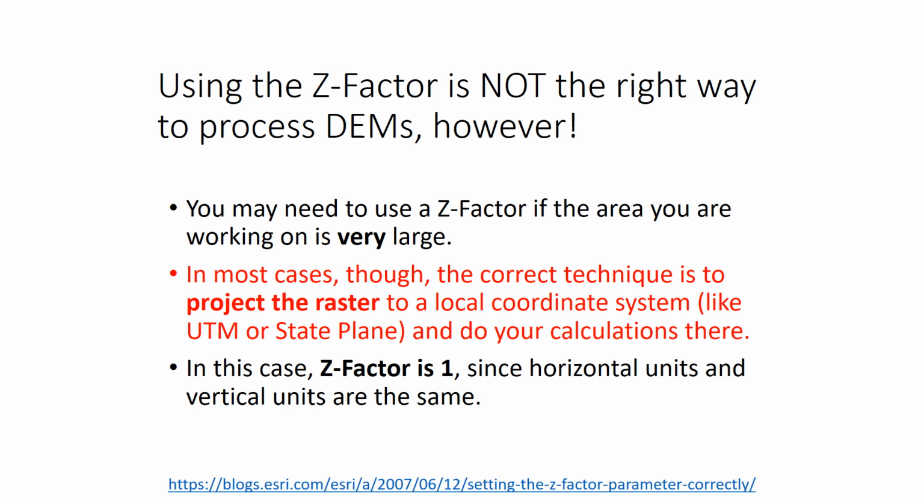That's really what you want to do. You want to project your raster to a local coordinate system like UTM or state plane, and then create the hillshade from that. That's always going to produce the best image. When you do that, there's no need to specify the Z factor. The Z factor is 1 because now you're using meters natively as your horizontal unit, and so your vertical units and your horizontal units will match.